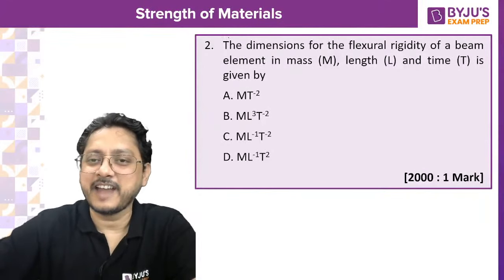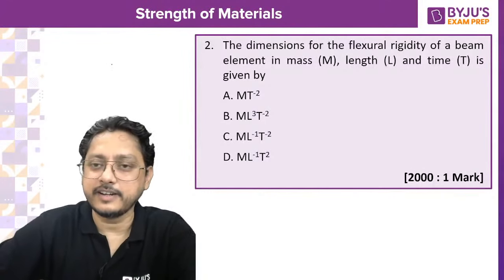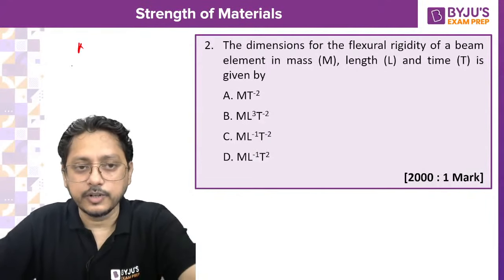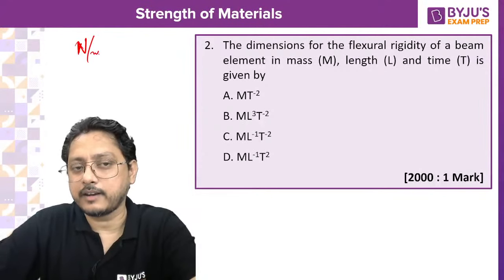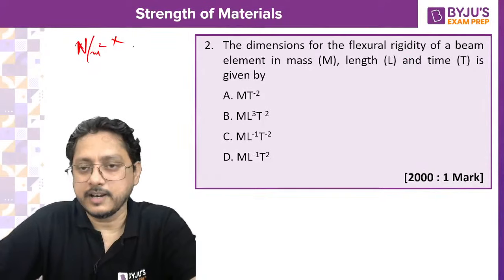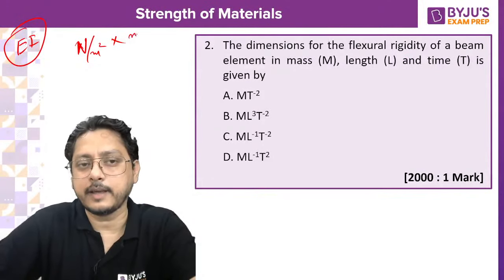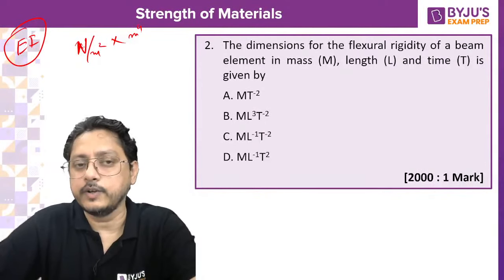So the dimension for the flexural rigidity, that is EI. E is Newton per meter square, and then you have I. Flexural rigidity means EI, Newton per meter square, then m raised to 4. Newton is force.